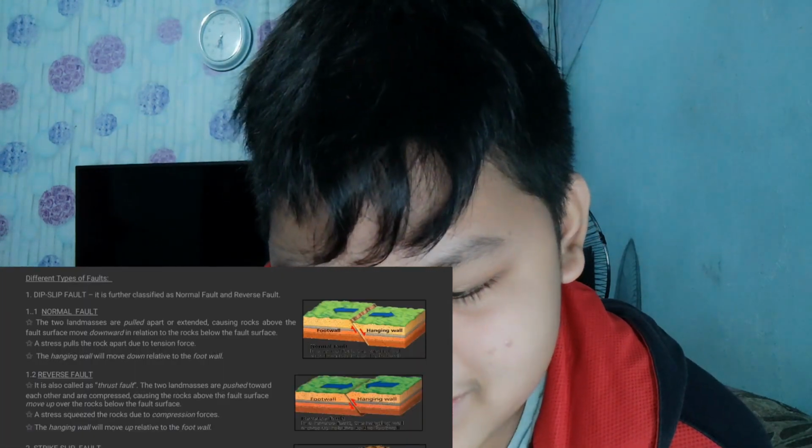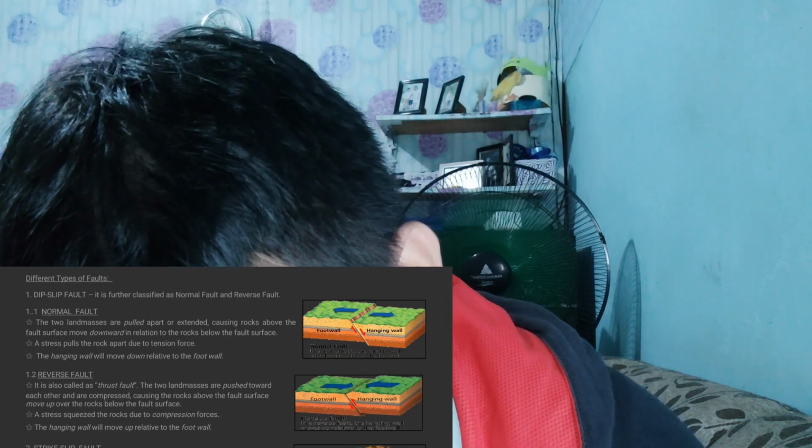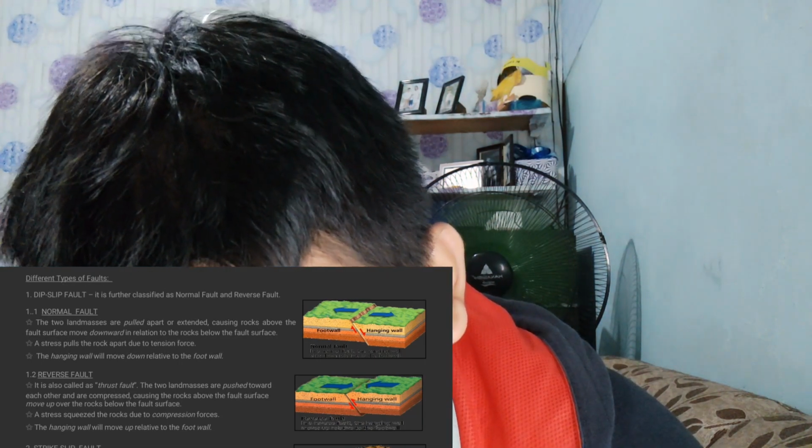The second is the reverse fault. In the name itself, it's reverse. Let's read the description. It is also called a thrust fault. The two land masses approach each other and are compressed, causing the rocks above the fault surface to move up over the rocks below. As stress squeezes the rocks due to compression force, the hanging wall moves up relative to the footwall.